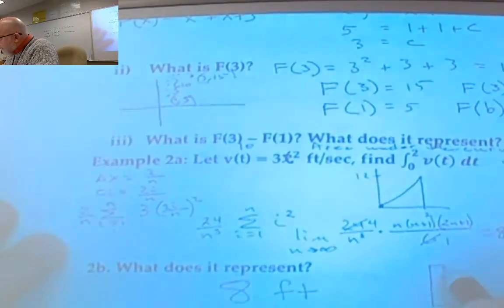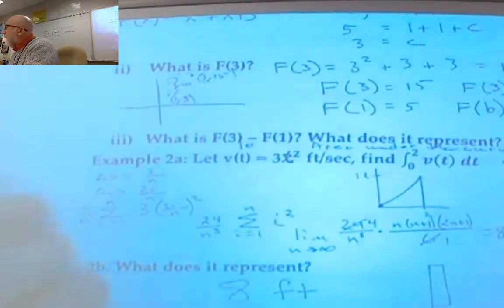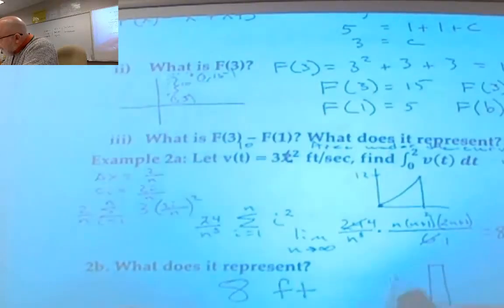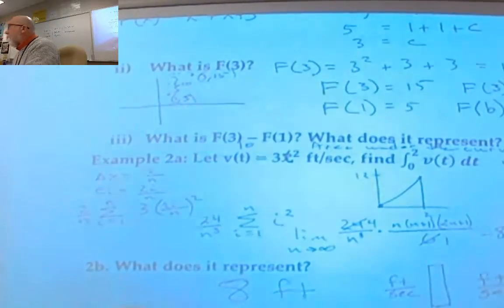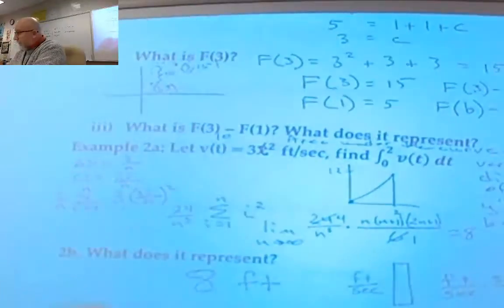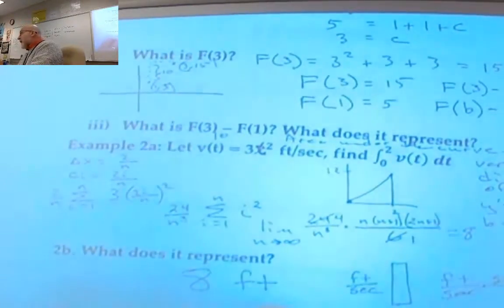Because if I would draw one of those rectangles and make it wide, this height is feet per second, correct? This distance here is seconds, right? And we take feet per second, that unit, times seconds, but I can write it like seconds over 1, right? And we have some simplification that goes on, correct?